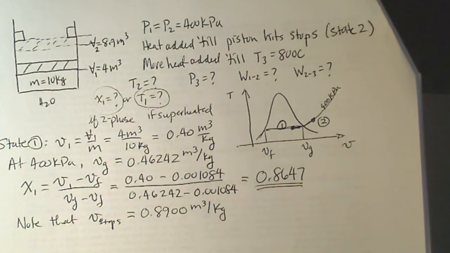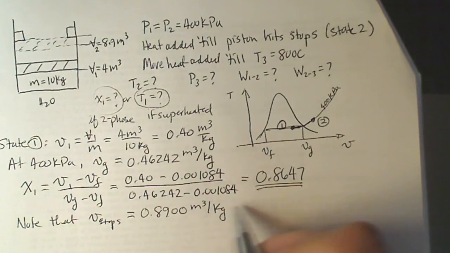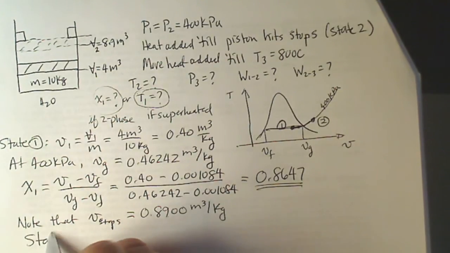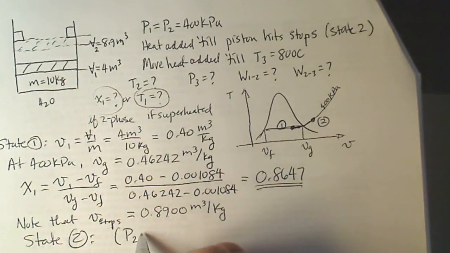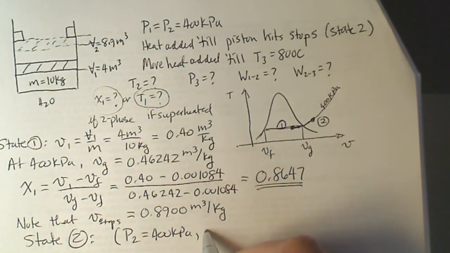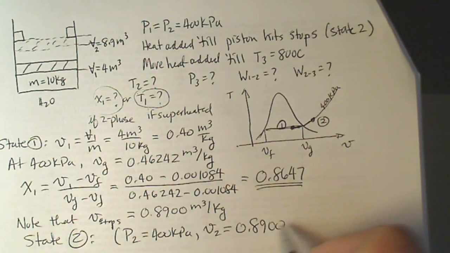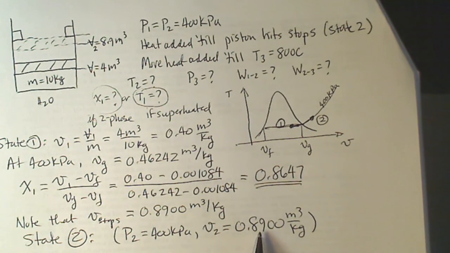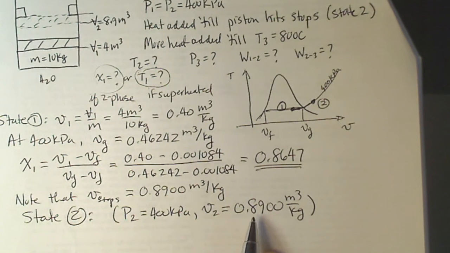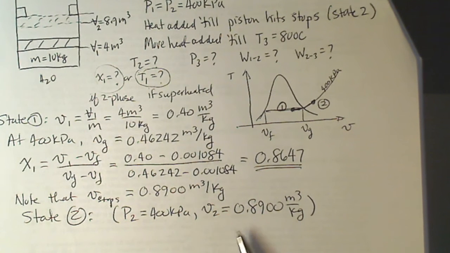And so state 2 is defined by the property coordinates P2 equals 400 kPa and specific volume 2 equals 0.8900. So if I go into the superheated tables, I can hopefully identify a place where that's matched up or where I can interpolate.